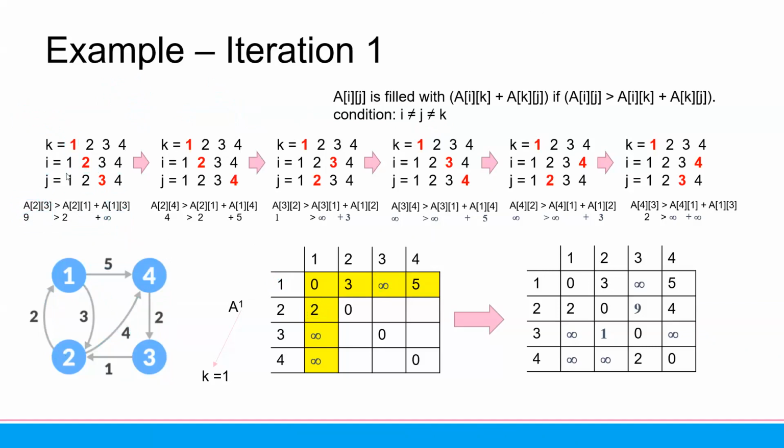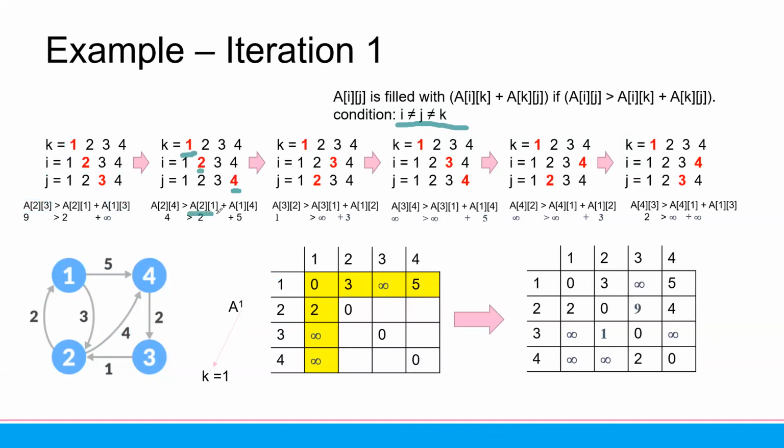And then after we have this kij, so the j will be checked again. But we have another condition: i not equal to j, not equal to k. So we keep the k, we keep the i, and then we move the j.